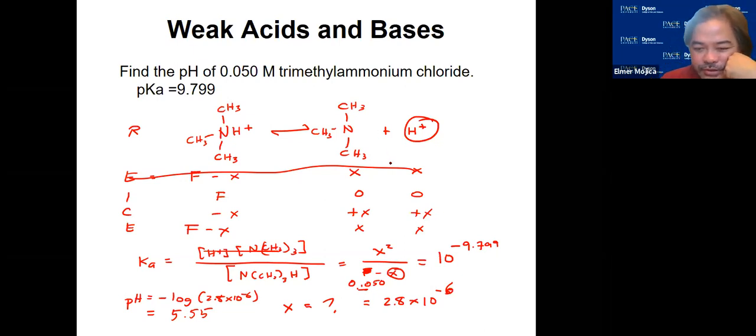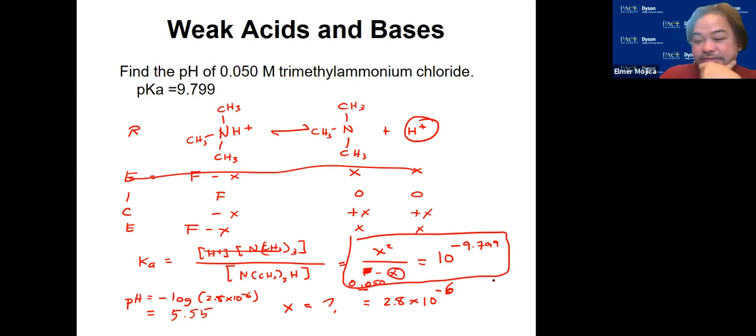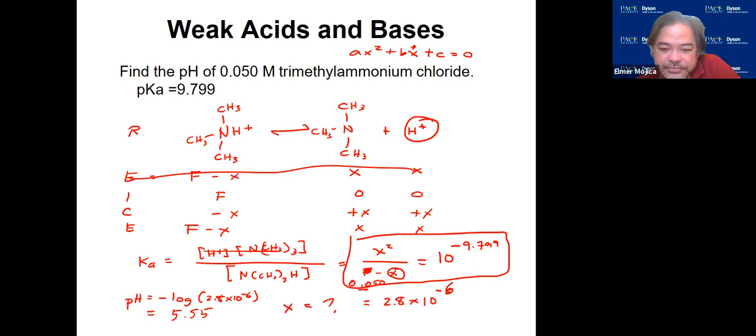So I leave it up to you from here how you're going to get the X. You can arrange them in the form like this, and then use the quadratic formula. And I think you can make the assumption here. Why?